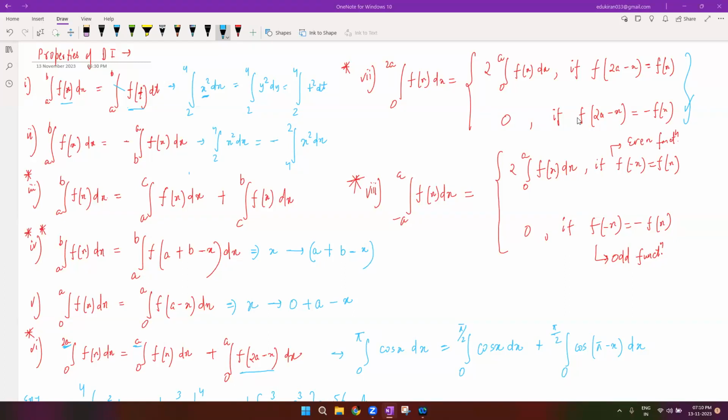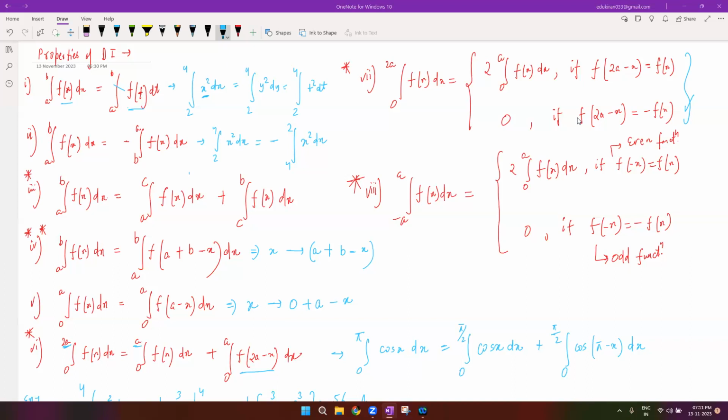So what is an even function? All those functions in which if you exchange x with minus x, the function does not change. For example, x square, you replace x with minus x and the function will still be x square.